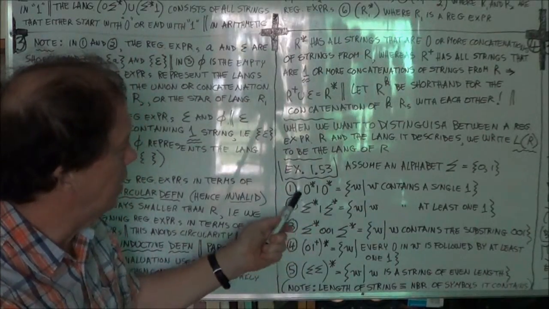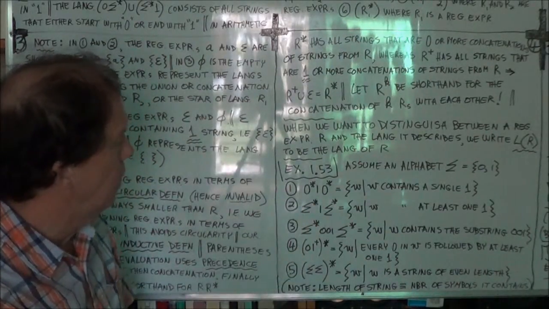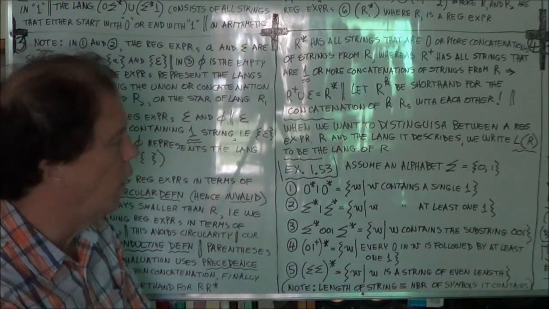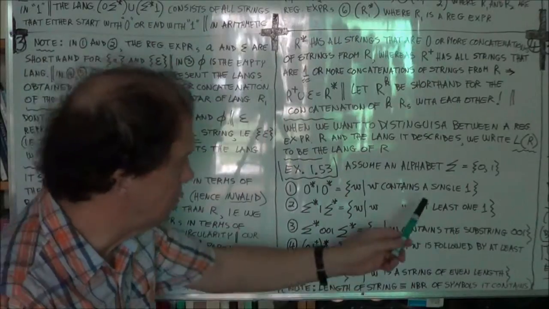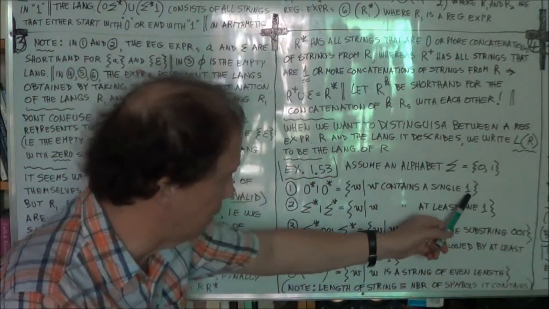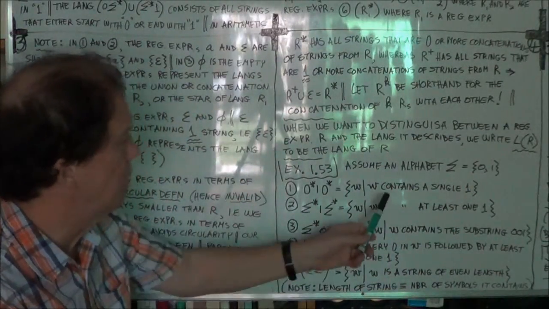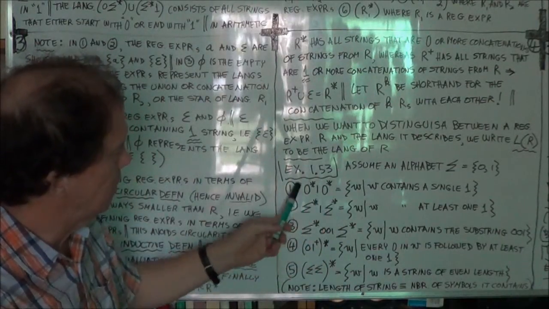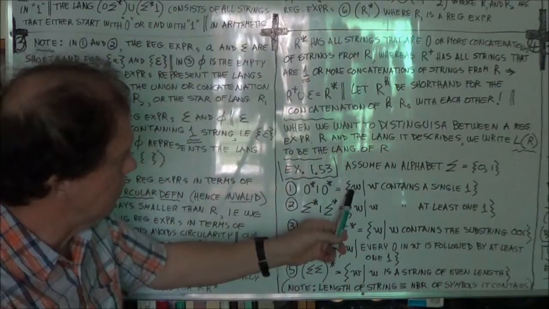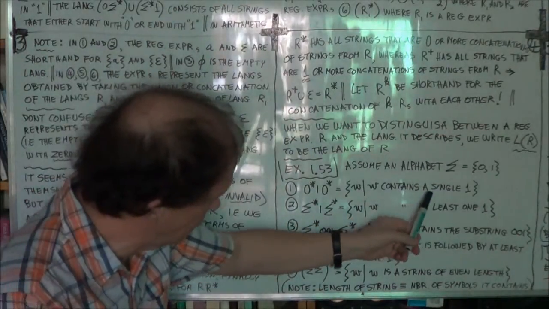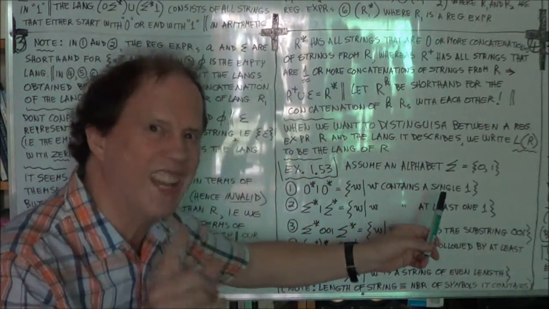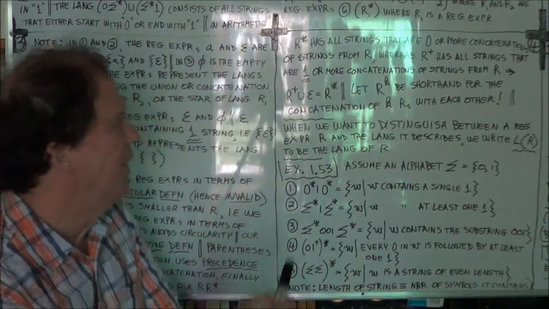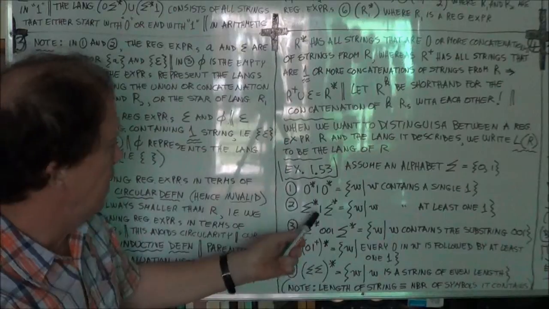So the language this describes is all possible binary strings that have only a single 1 in them. Does that seem plausible? The language of this regular expression is the set of W such that W contains only one 1, and only one. It's a bit confusing. Okay, what about this one?